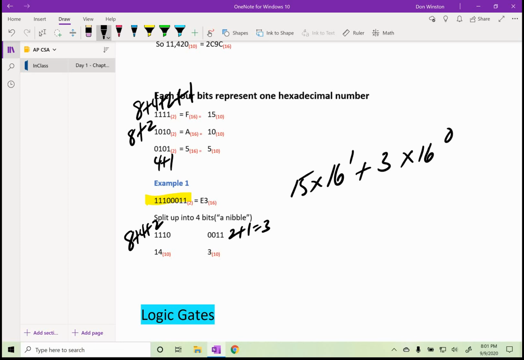Whatever that is, we should get the same thing here. Let me do some calculations. I always like to check my work to make sure what I'm talking about is right. So 14 times 16 plus 3, and that would be 227.